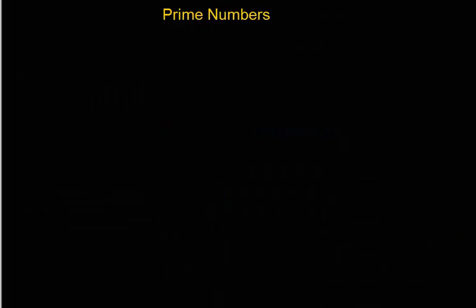We will now look at some even numbers and some odd numbers and try to find out if they are prime numbers or not. Let me list down all the even numbers first. So we have 2, 4, 6, 8, 10, 12, 14, 16, 18, 20, and so on.